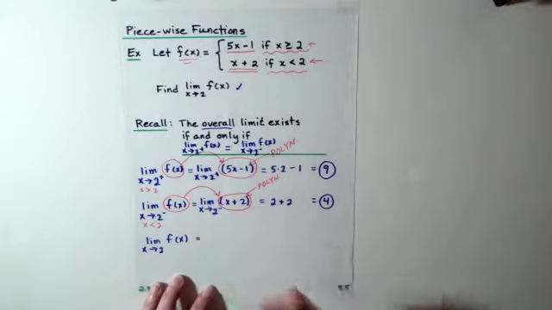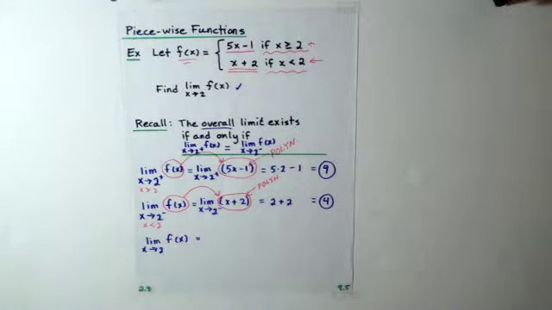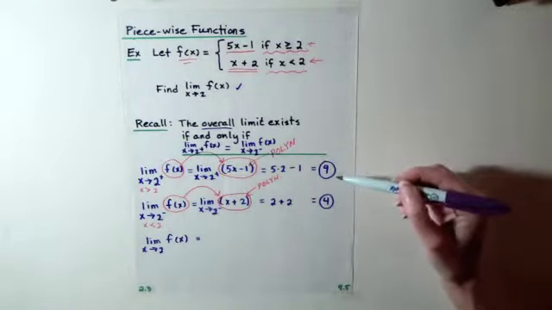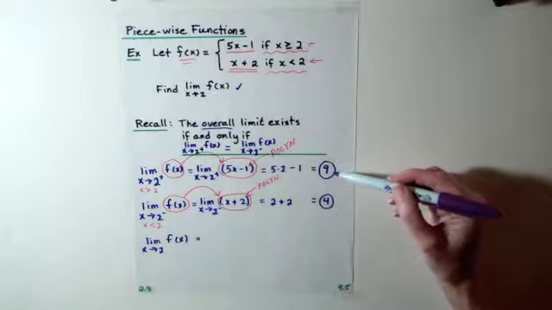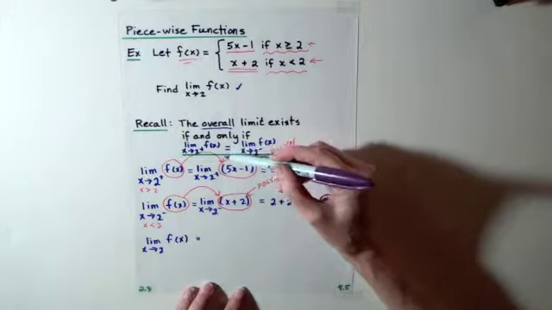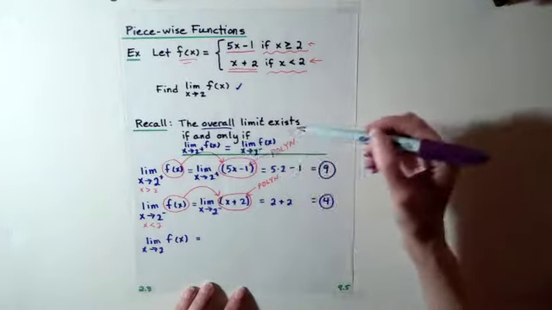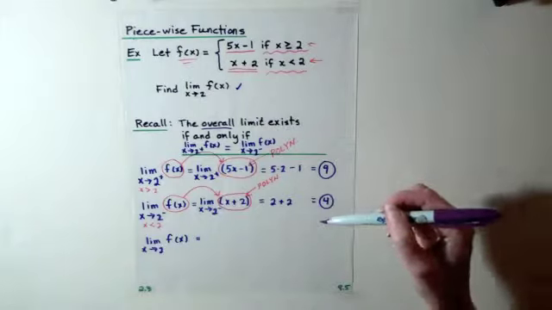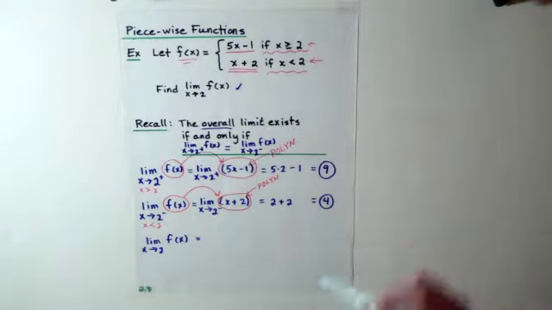So when we ask what is that equal to, well, remember what we discussed earlier, the overall limit exists if and only if the one-sided limits exist. They do. One of them is 9 and one of them is 4, but they also have to be equal to one another. So the overall limit exists if and only if the one-sided limits exist and are the same.